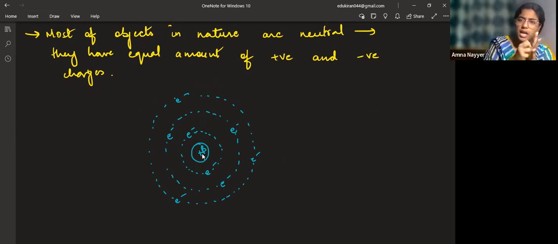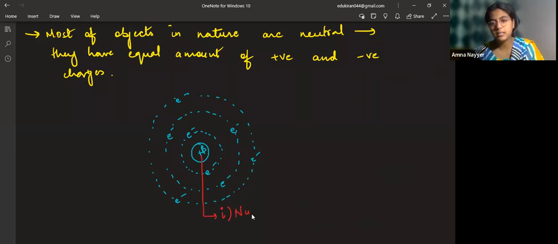So the first force you get is the nuclear force, which holds all the protons tightly within this nucleus.